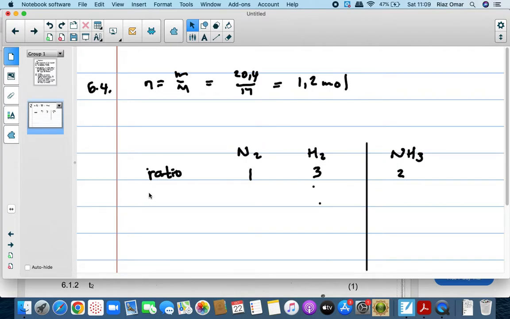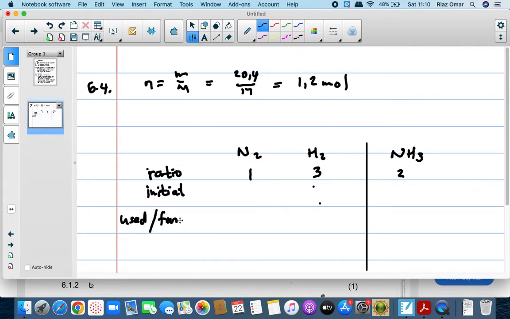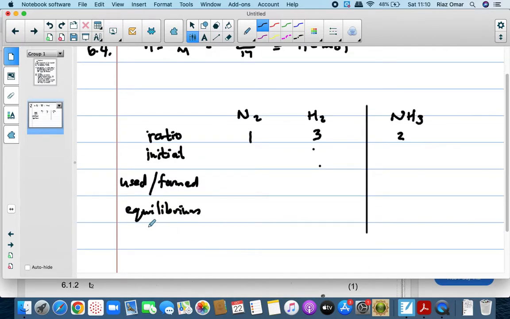Ratio, what do I have initially? How much was used? How much was formed? And then finally, what do I have at equilibrium? And then we must find out equilibrium and concentration. And then we work out our concentration.